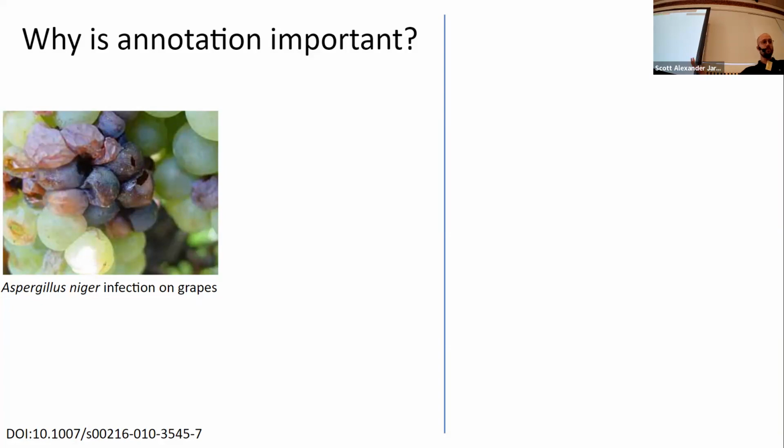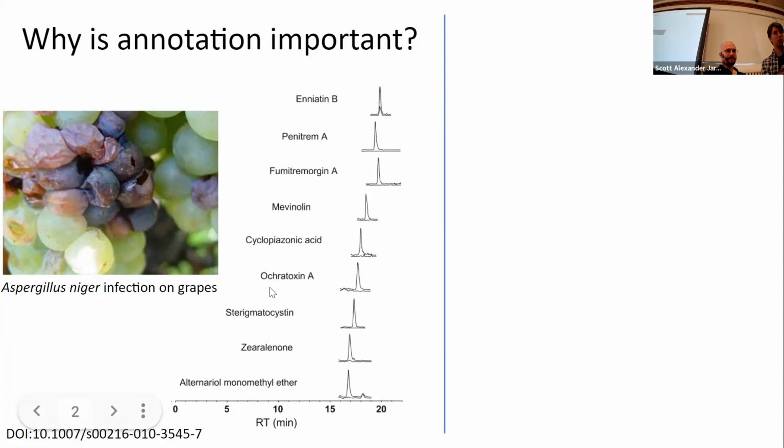So for instance, this is an image of Aspergillus niger. This is Aspergillus niger infection on grapes, and Aspergillus niger or any of these fungi produce copious amounts of mycotoxins that are extremely dangerous for us to consume.